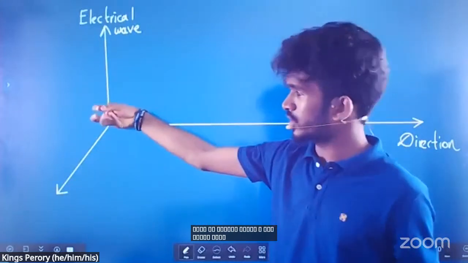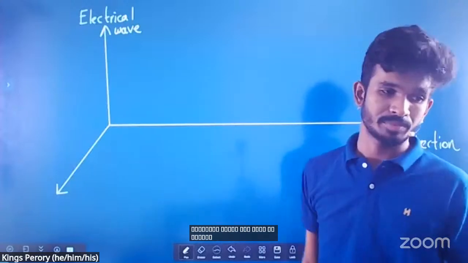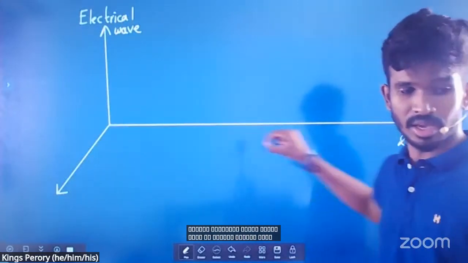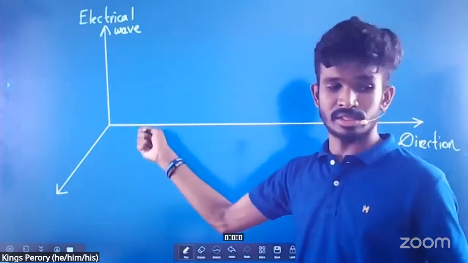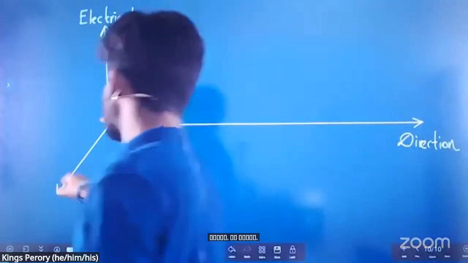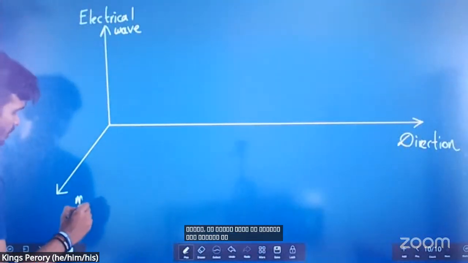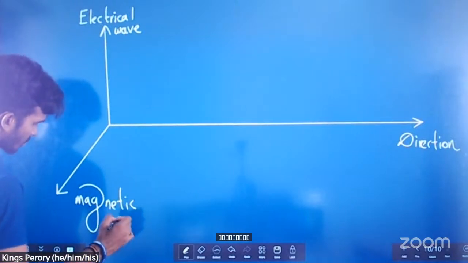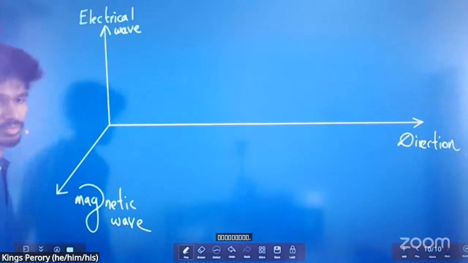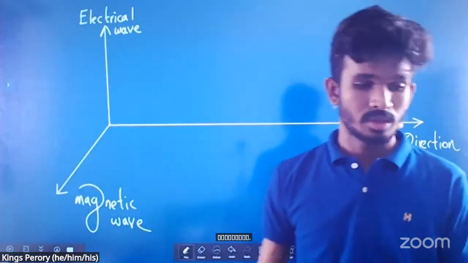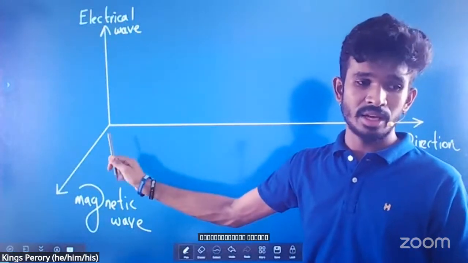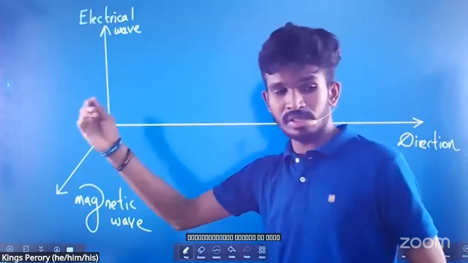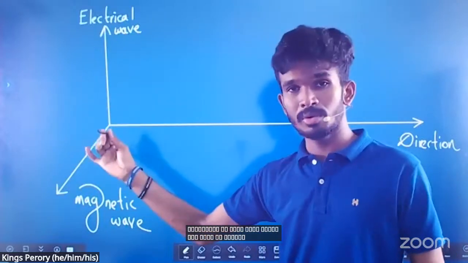This axis is actually coming out of the board, going into the board. Y-axis, x-axis, z-axis. This z-axis is going to be my magnetic wave. Electrical wave is there. Magnetic wave is there, coming out of the board and going into the board.